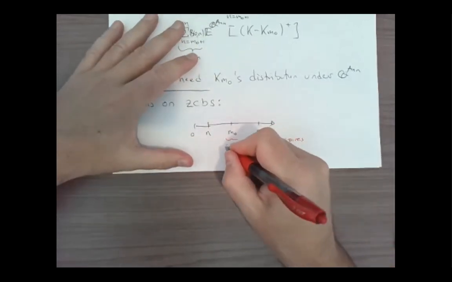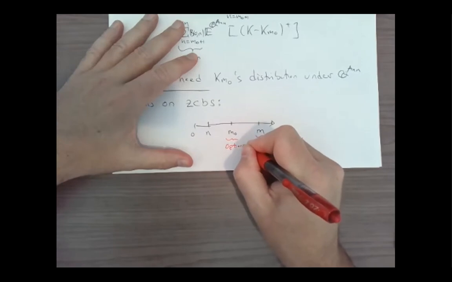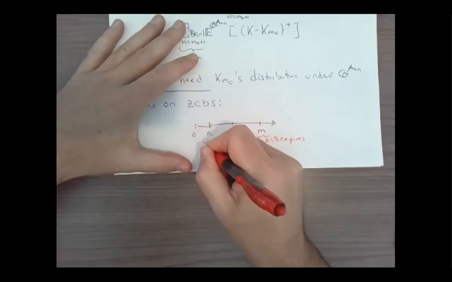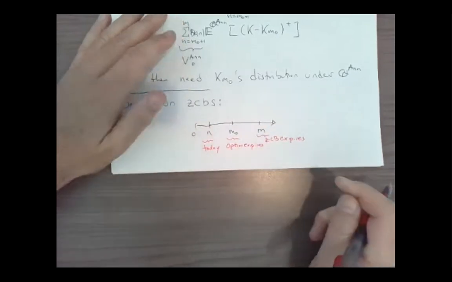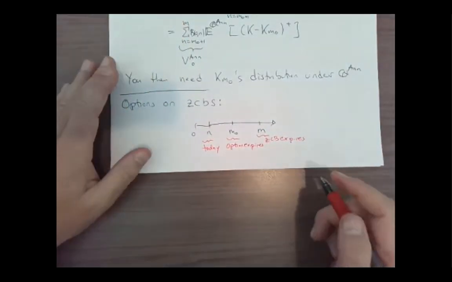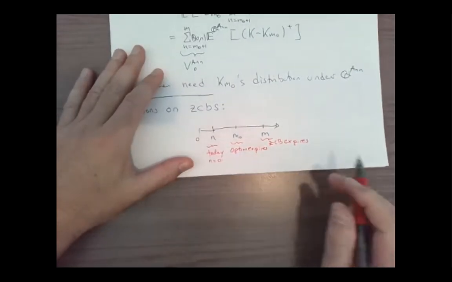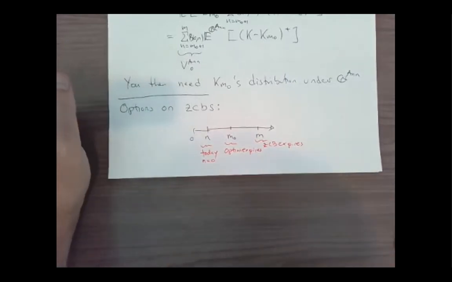M0 is when the option expires. And this here is today. Maybe we can make it easy and move today to be time 0.